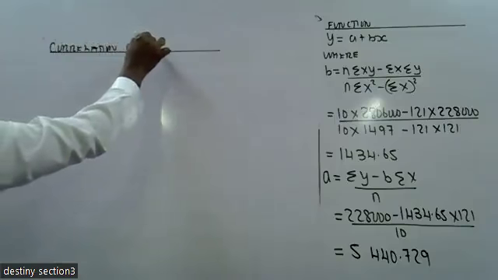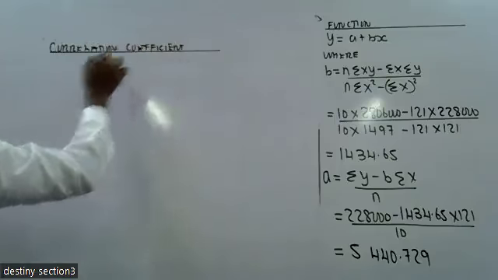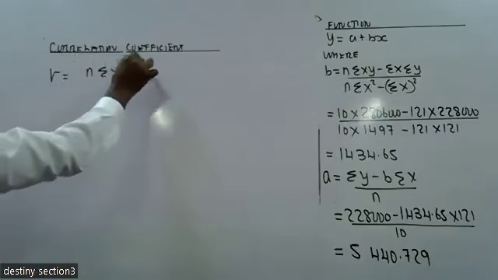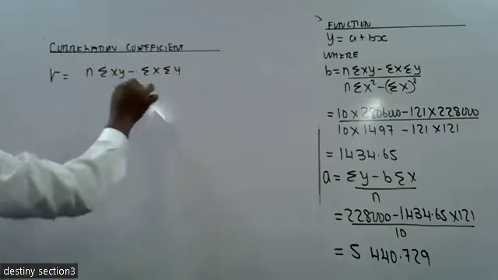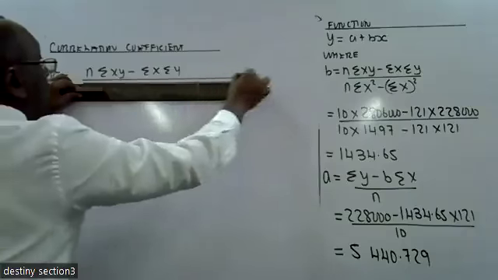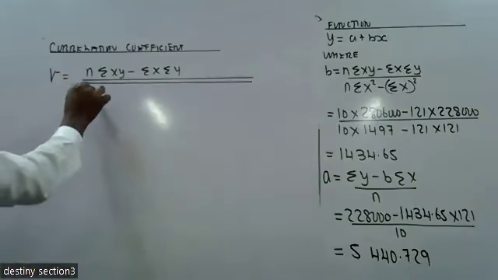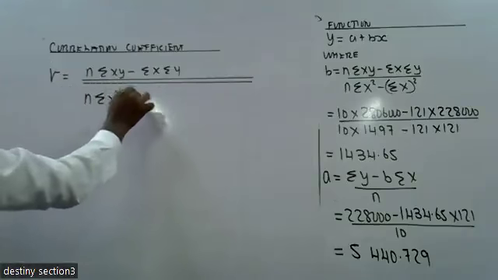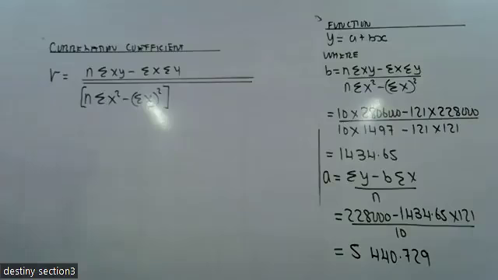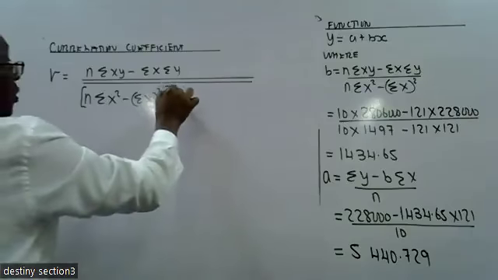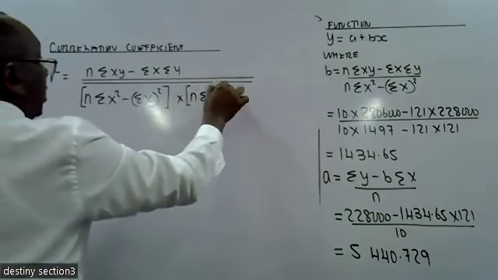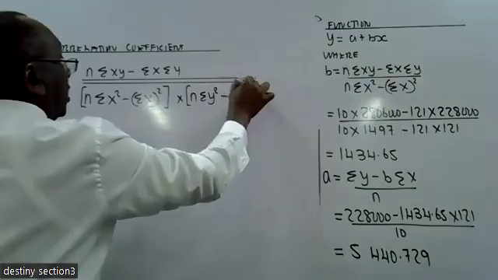Correlation coefficient R is given as n sum of xy minus sum of x sum of y, divided by the square root of n sum of x squared minus (sum of x) squared, multiplied by n sum of y squared minus (sum of y) squared.